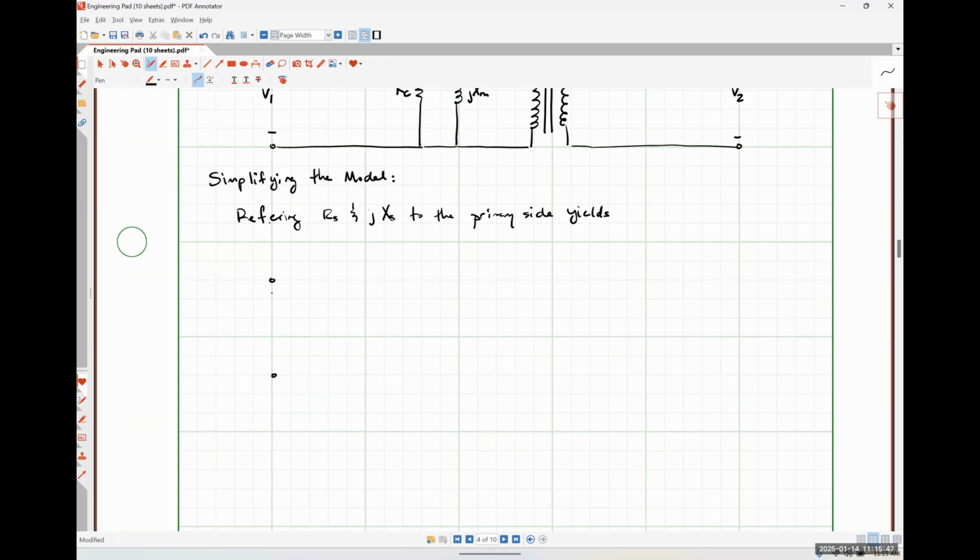Here's my terminal. This is my voltage V1. Here's RP, jXP, like so. I'm going to draw those parallel things slightly differently. This is how you usually see it in textbooks and stuff like that.